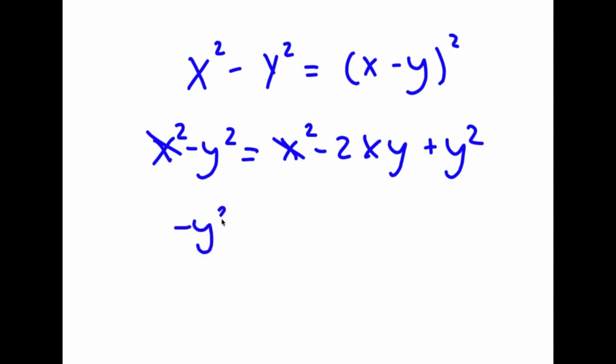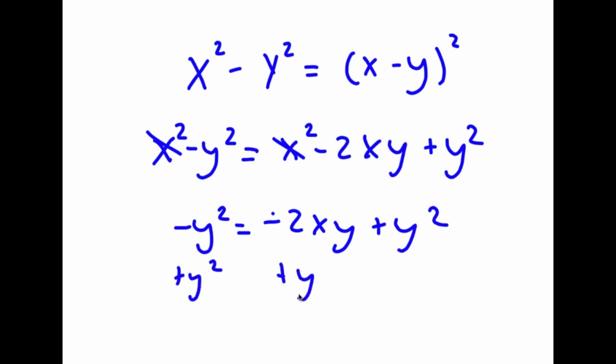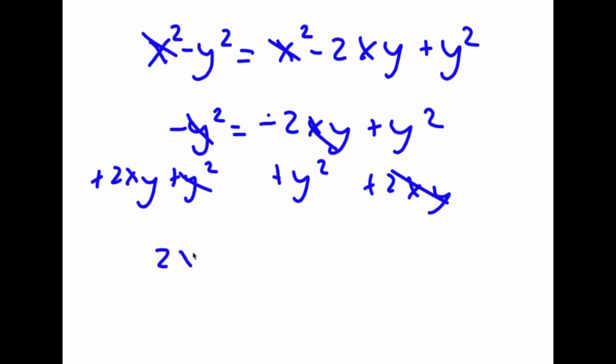So now I have negative y squared is equal to negative 2xy plus y squared. And now I'm going to add y squared on both sides and add 2xy on both sides. These two cancel out, these two cancel out, and I have 2xy is equal to 2y squared.